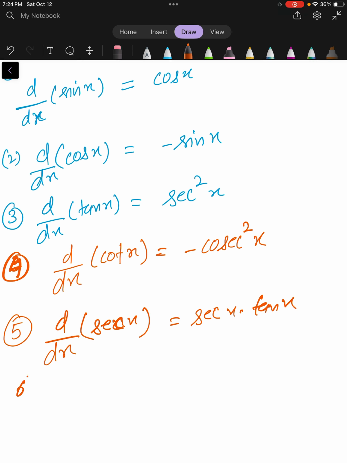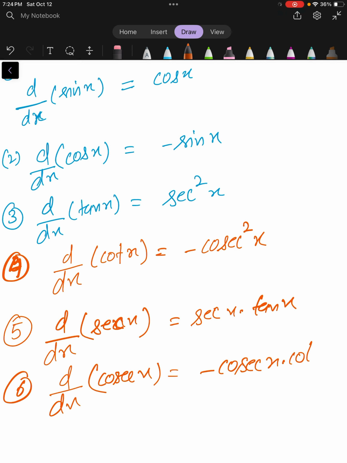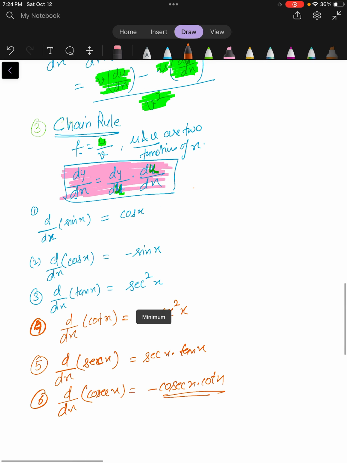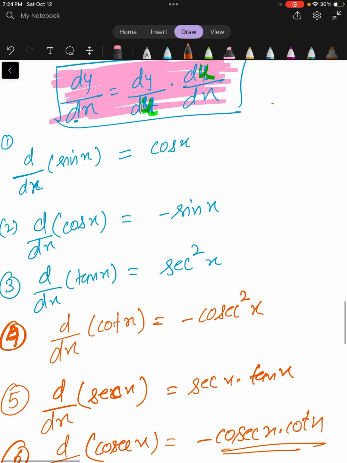And the last formula for this basic set is d upon dx of cosecant x is equal to minus cosecant x into cot x. So what we discussed, these are the basic formulas for differentiation. Why are we saying these are the basic formulas?